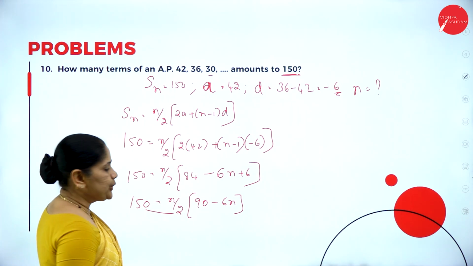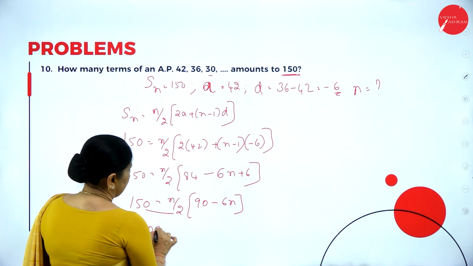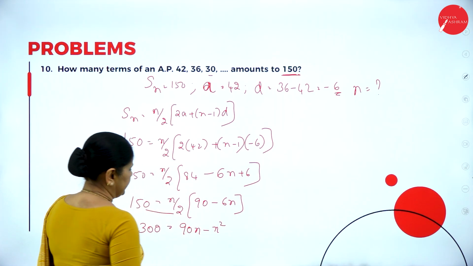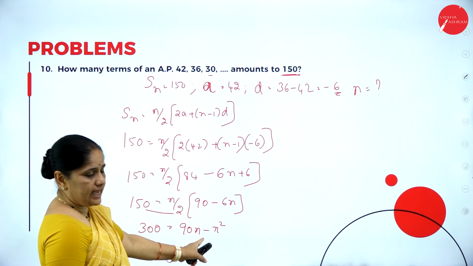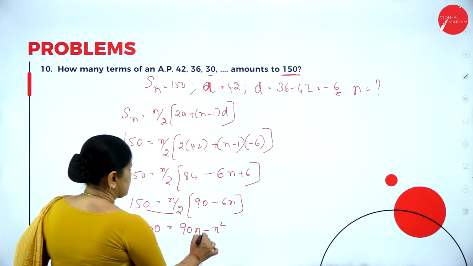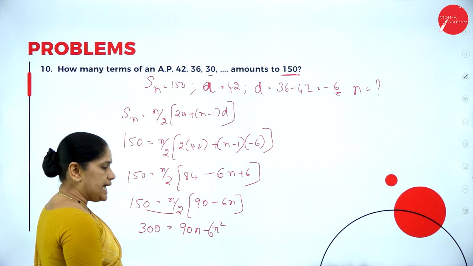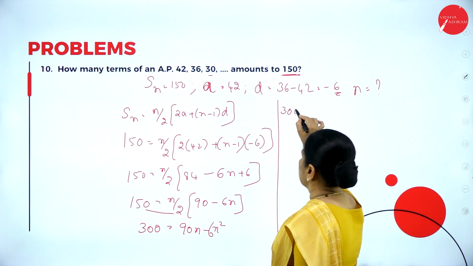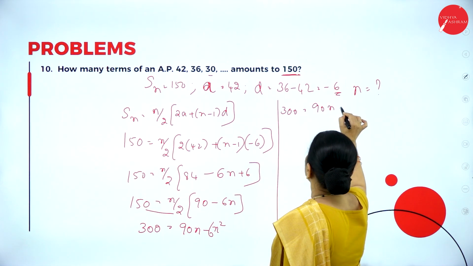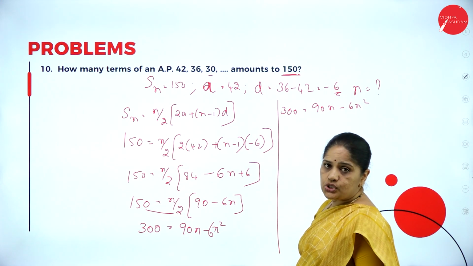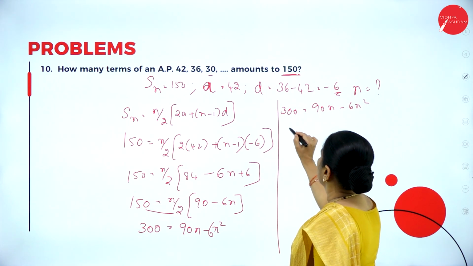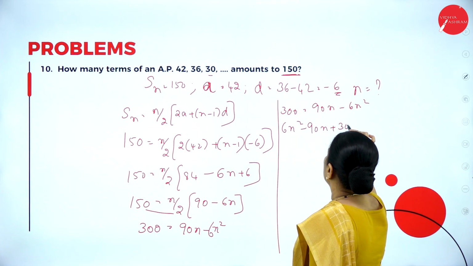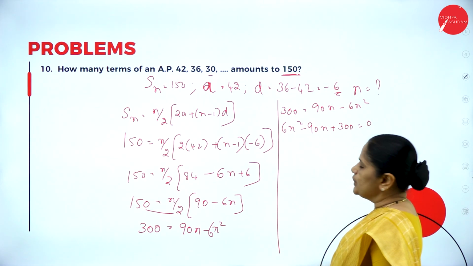So 150 into 2 will be 300 equals 90N minus 6N square. I bring it to the other side of the equation: 6N square minus 90N plus 300 is equal to 0.